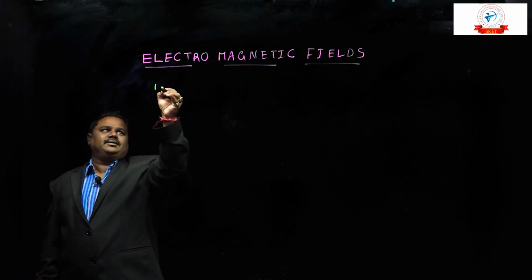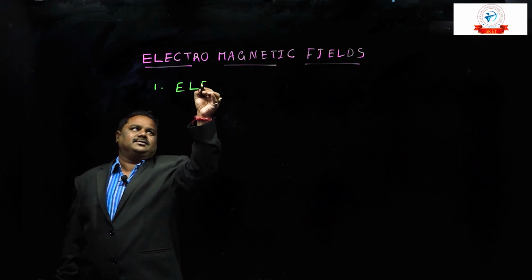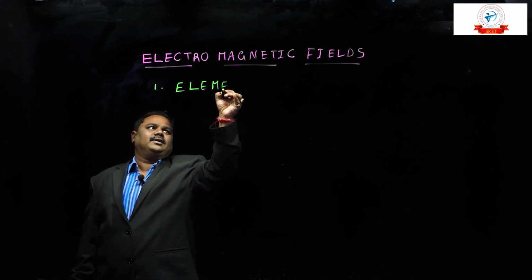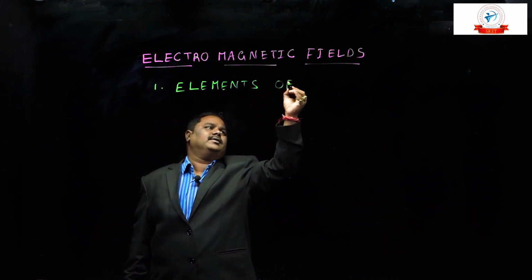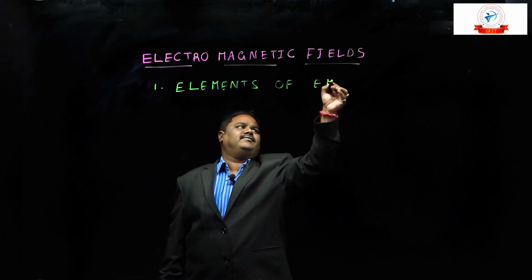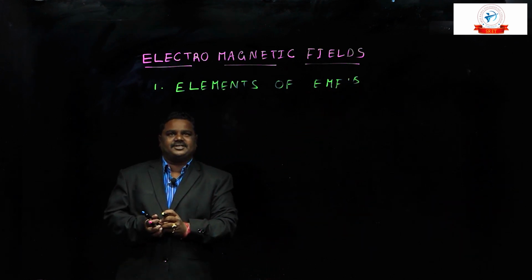The first one is called elements of electromagnetic fields. So, this is the first chapter, or basic chapter.